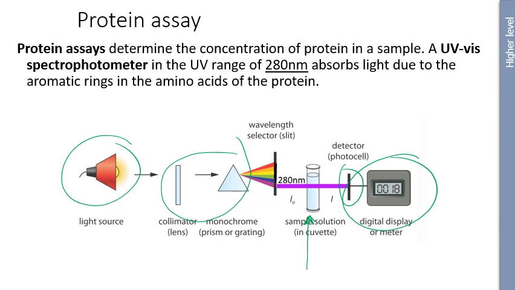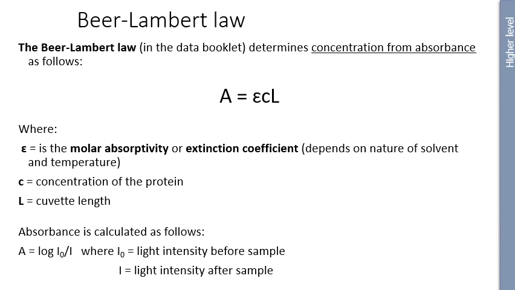The sample solution containing a protein is put into a transparent cuvette and placed inside the spectrophotometer, and depending on the protein concentration and the experimental conditions, the intensity of the UV or visible light passed through the sample will reduce to some degree. And then we can use some fancy maths. That fancy maths involves the Beer-Lambert law.